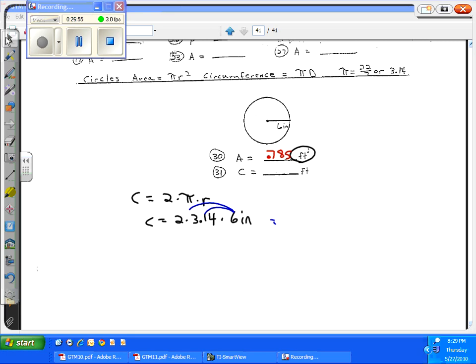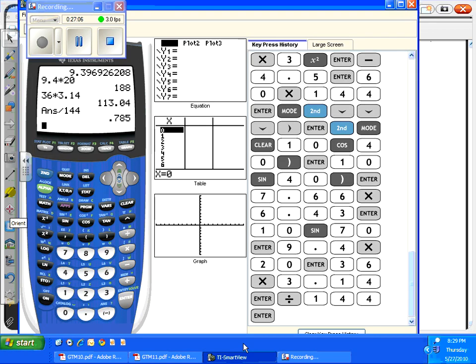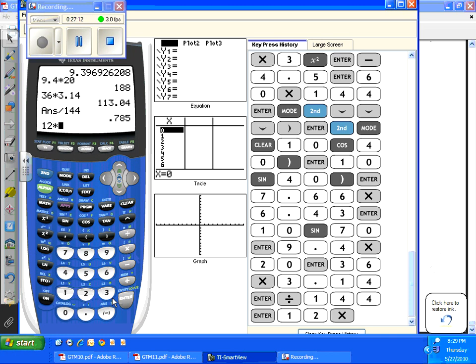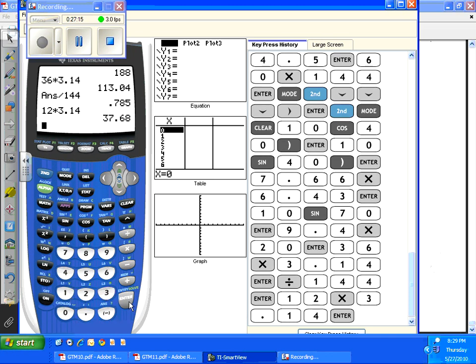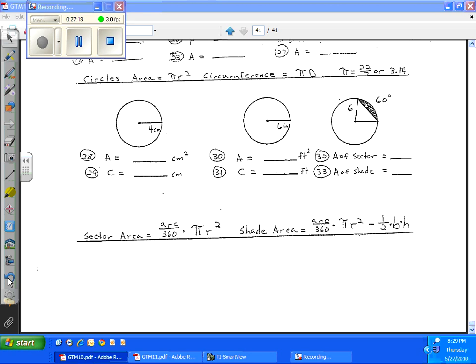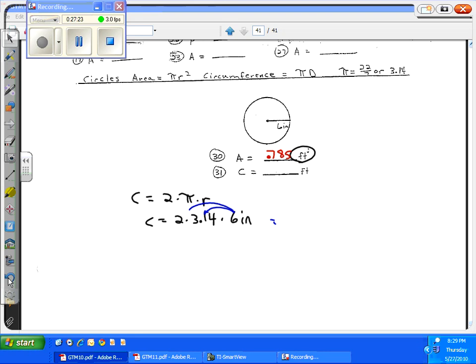So we're going to multiply. 2 times 6 is 12. 12 times pi is 37.68. There we go, it's coming back. So we're going to have 37.68 inches.